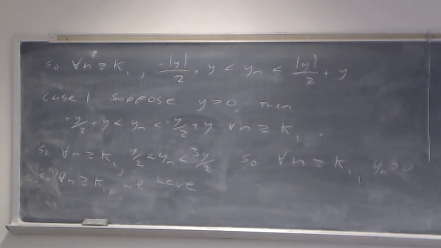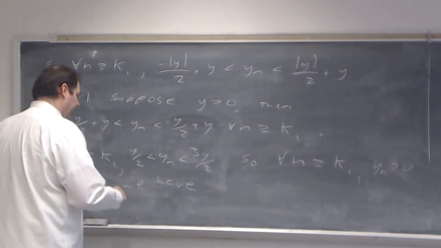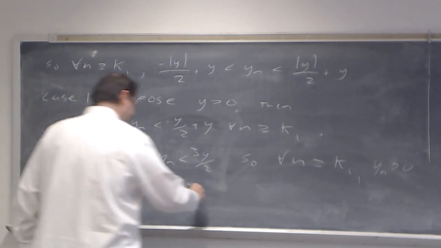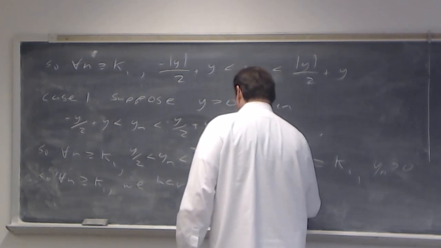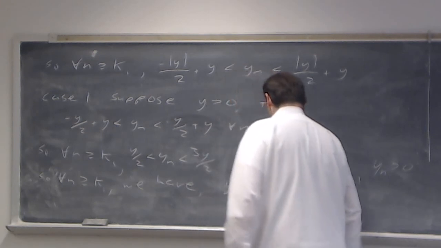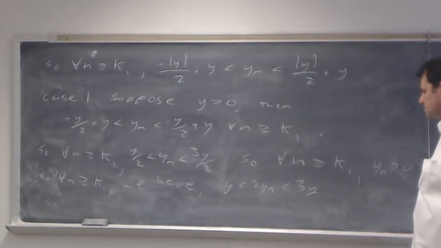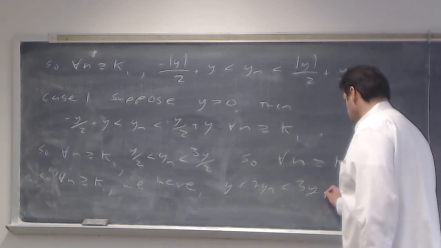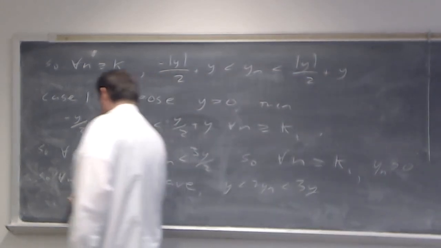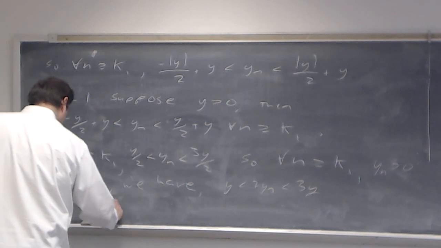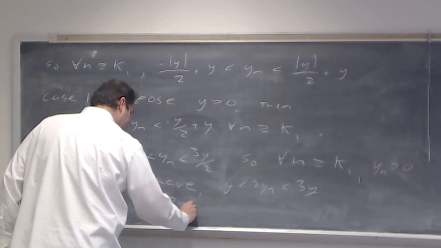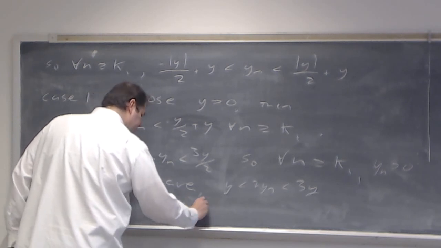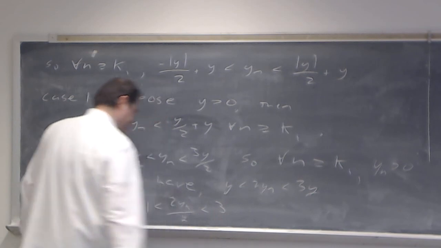What do we have? All right, well here, if I multiply everything by 2, we have y is less than 2y sub n, which is less than 3y. I'm going to divide everything by y, which implies 1 is less than 2y sub n over y, which is less than 3.